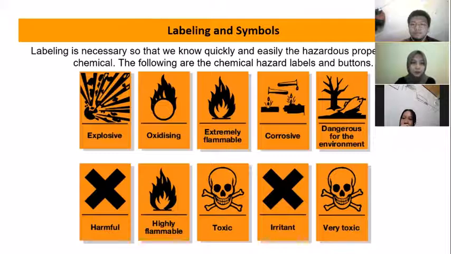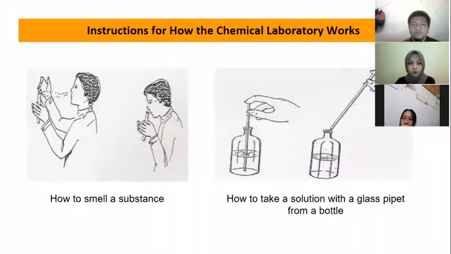Next, instructions for how the chemical laboratory works. The picture shows how to smell a substance. Fan the fumes toward your nose with one hand. Then put your nose over the container and inhale the fumes.